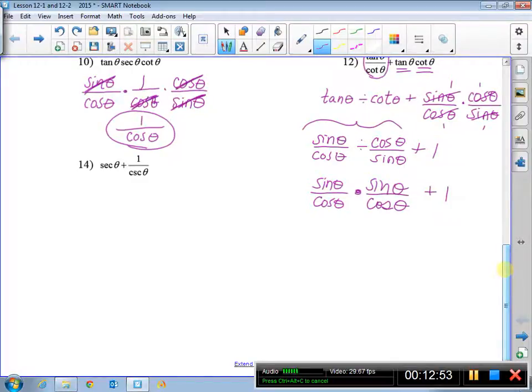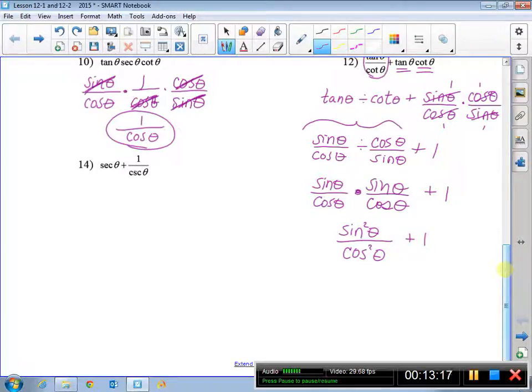All right, so that's going to give us on the top sine squared theta, on the bottom cos squared theta, and of course we have plus 1. All right, well, do you want to do any more here? It is sine squared and cosine squared, but it's plus 1, so I don't have a single term.